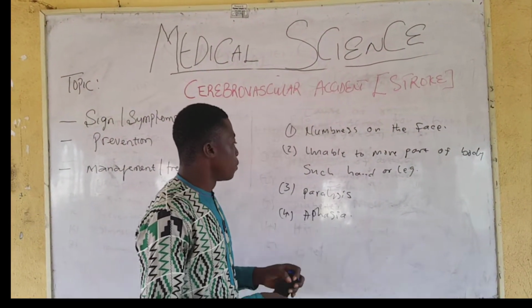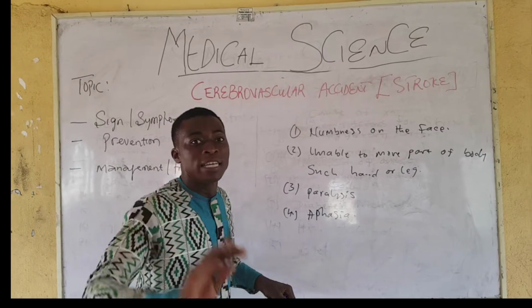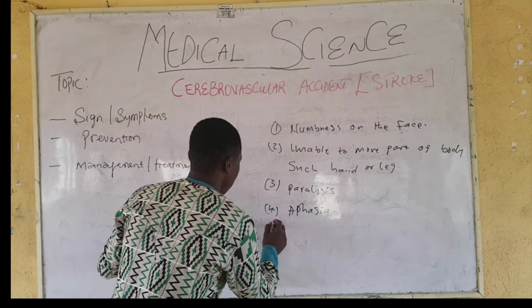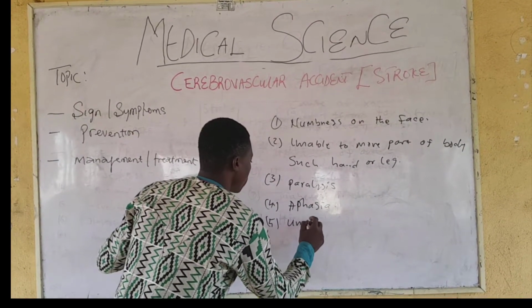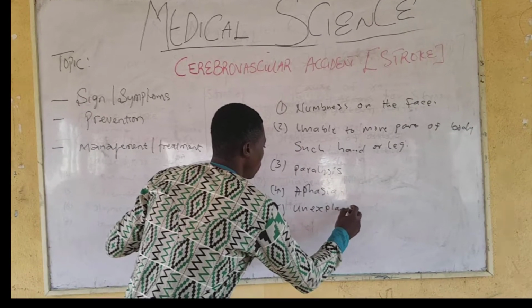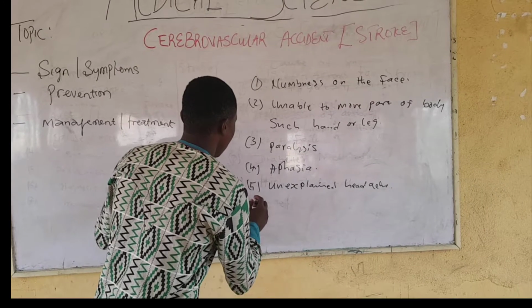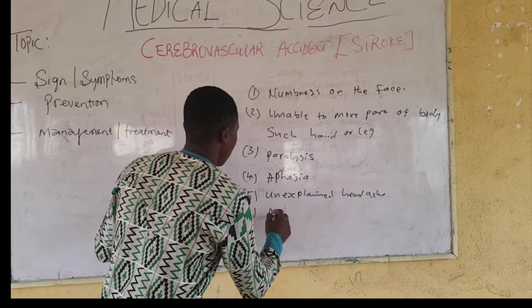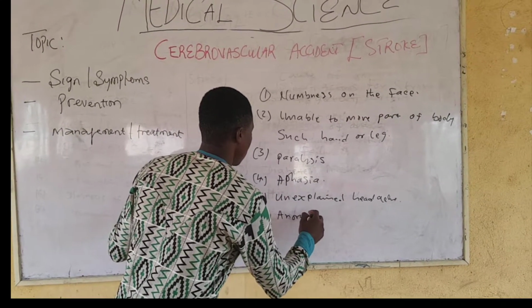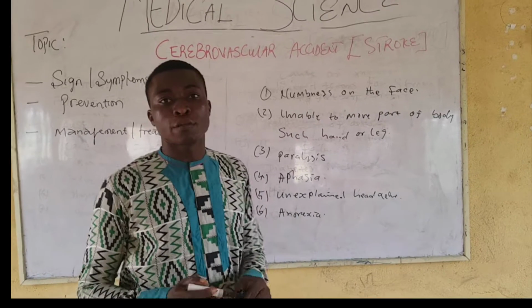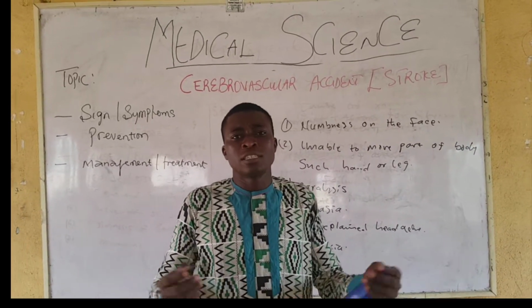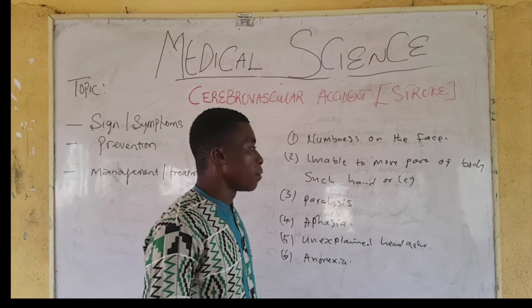And we have unexplained headache, number 5. Then loss of appetite, or anorexia. Anorexia means loss of appetite. The person may not have an appetite to eat.